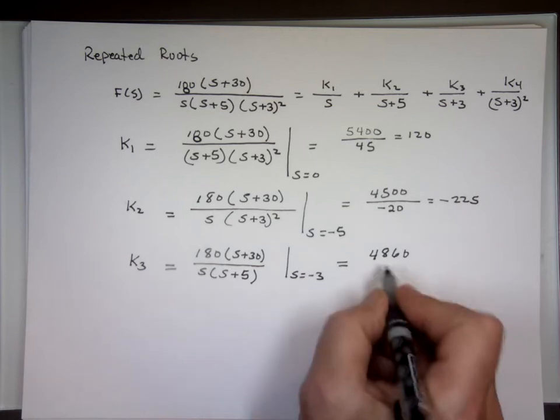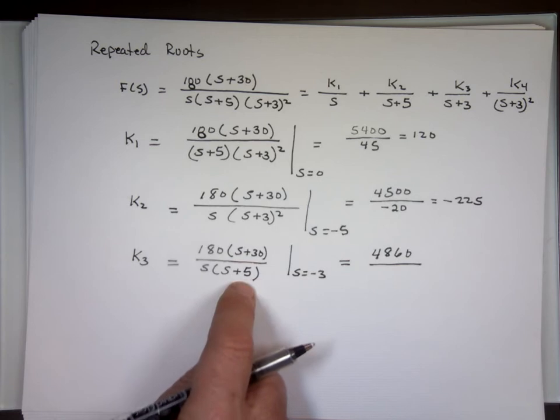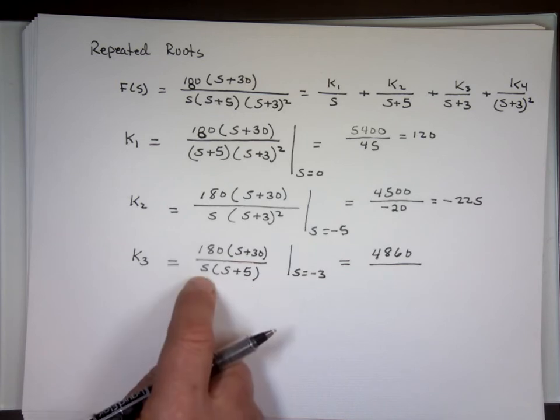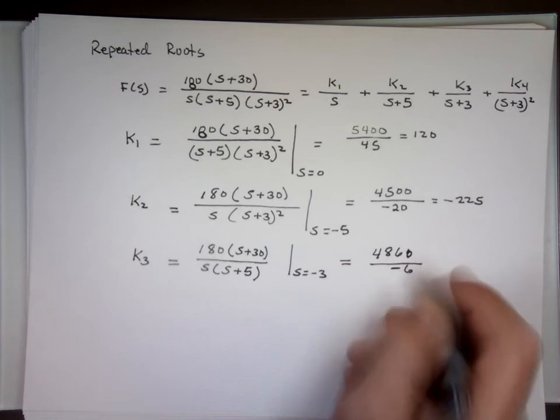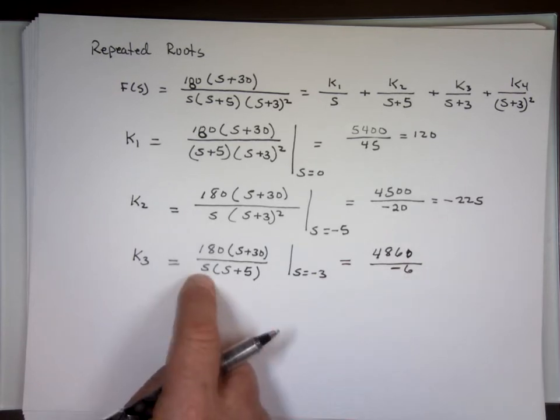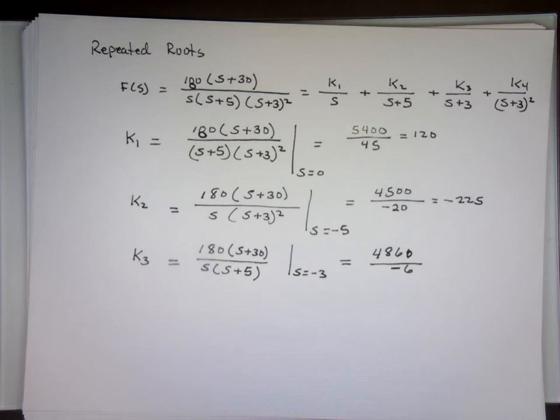Divided by, that's a 2 here, that's a negative 3. Is that a negative 6? Negative 3 times 2, that's negative 6. That's negative 810.